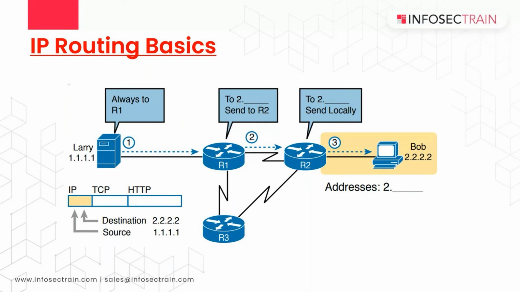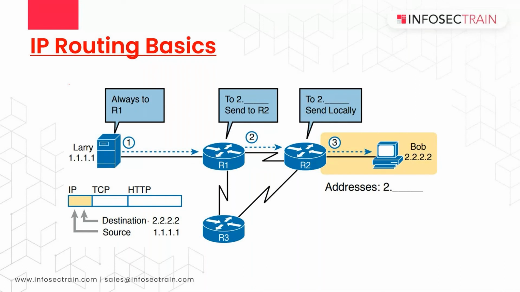Now in this figure, you can see the same Larry and Bob, the two people. Web server Larry wants to send part of a web page to Bob, but now with details related to IP.